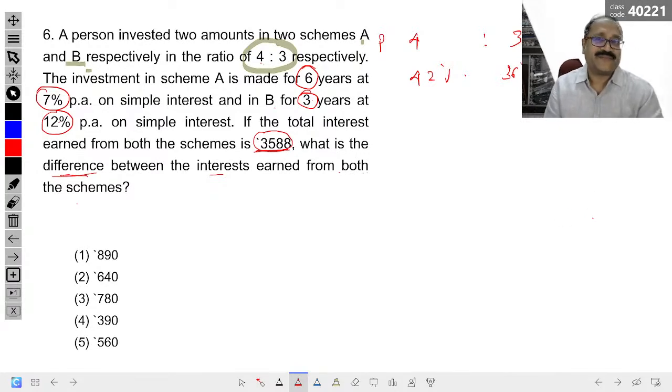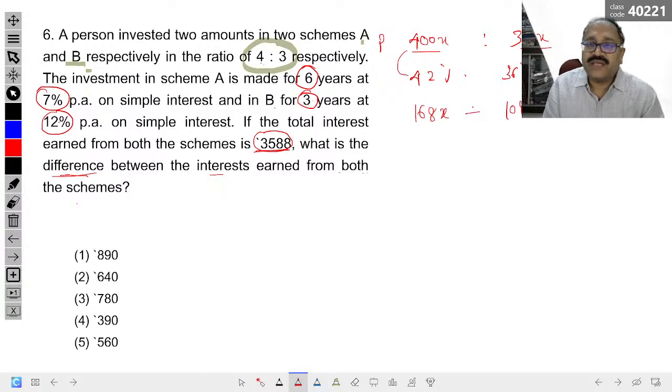Come on. So what I understand is, this is the sum, and I need to take the difference. One way of answering this question is to take the principals as 400x and 300x, so the calculation will be easy. 42% of 400x is 168x, and 36% of 300x is 108x.